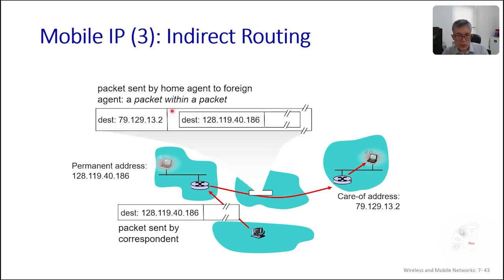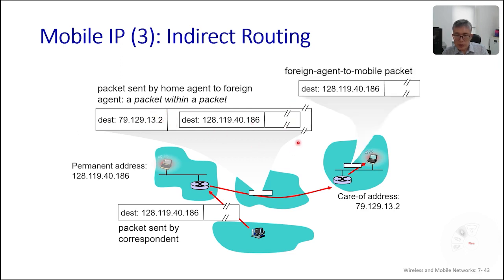The destination IP packet is encapsulated with this care-of IP address, an outer datagram around the inner datagram. The foreign agent receives this packet, decapsulates it, and forwards the packet to the mobile node.